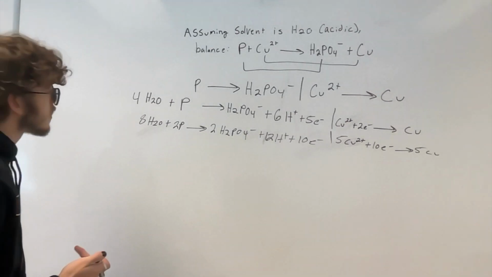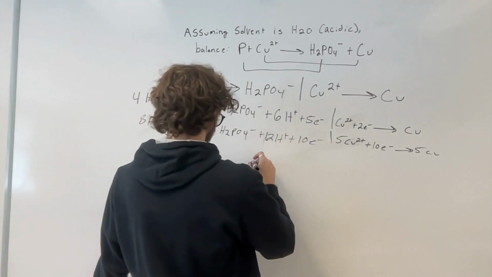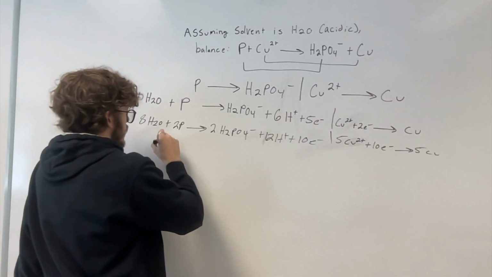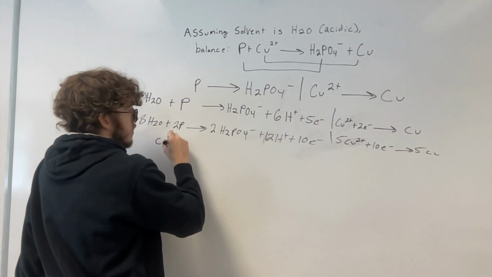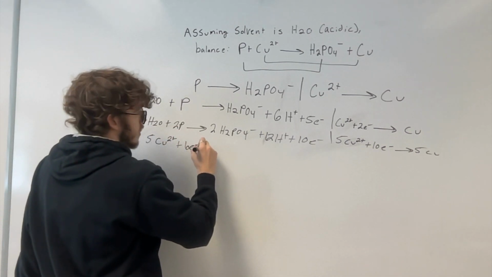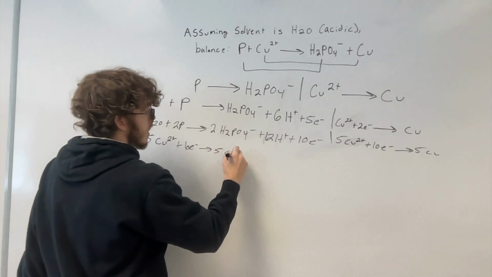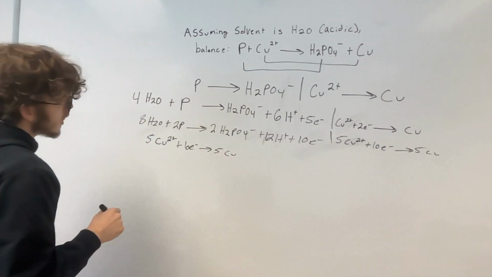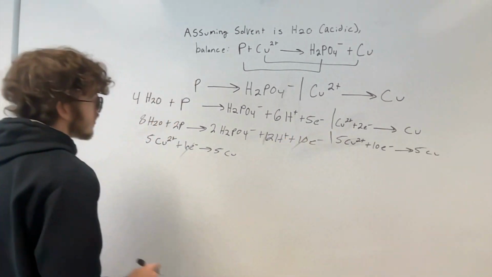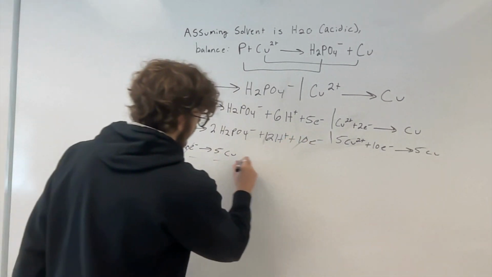Now couple the two together. See what happens. So we'll actually write it out in a different way. I'll bring this over here and we'll add them together. So 5 Cu2 plus plus 10 electrons is going to yield 5 copper. Notice that the electrons cancel. It's on this side and on the other side, so they just drop right out.